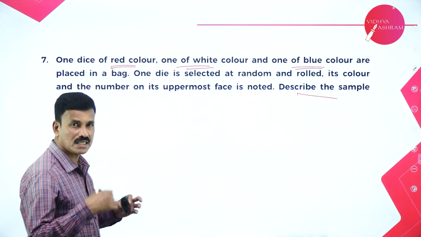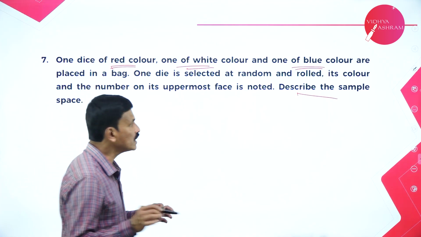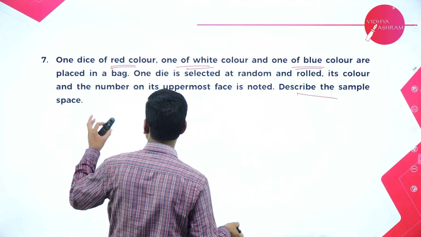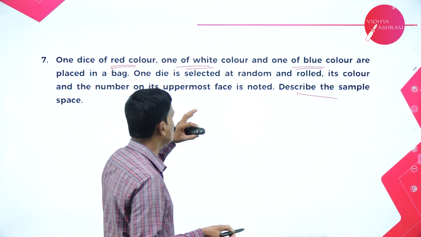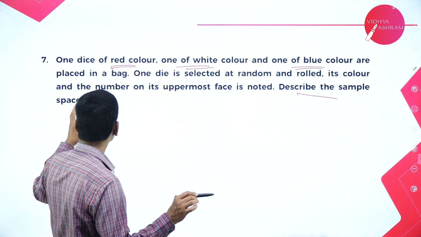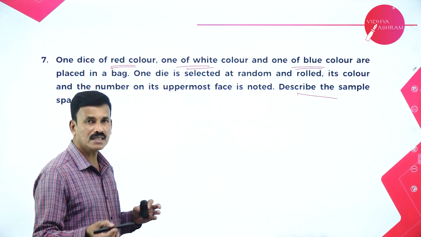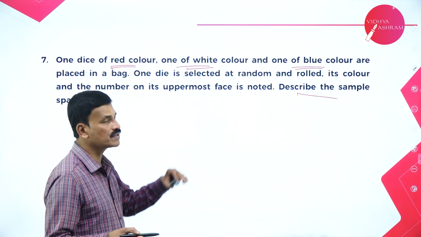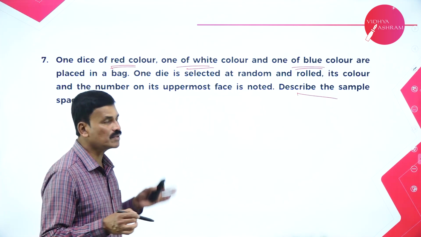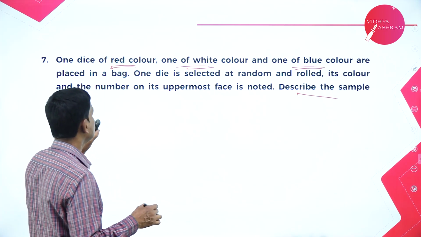We are going to select one die and roll. The color of the die and the number on the uppermost face is noted. Describe the sample space of this experiment.